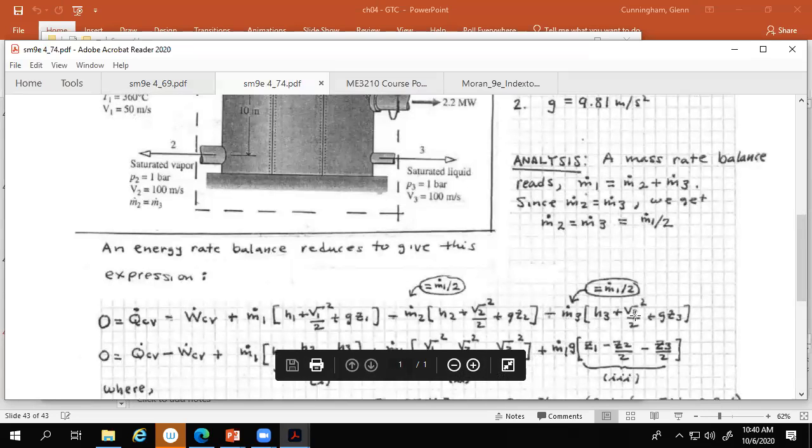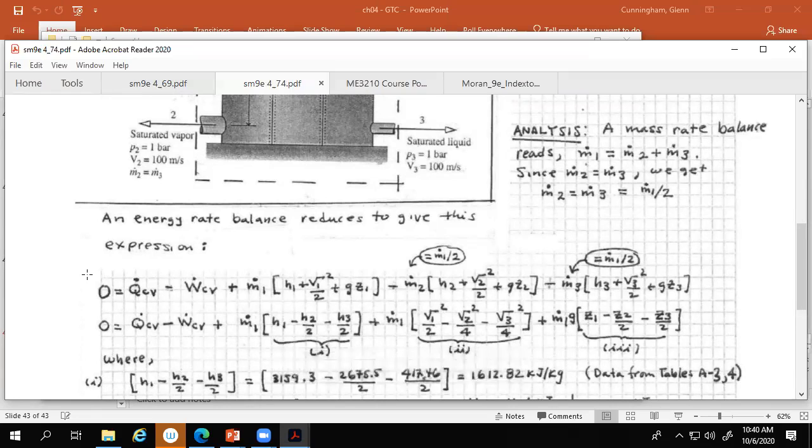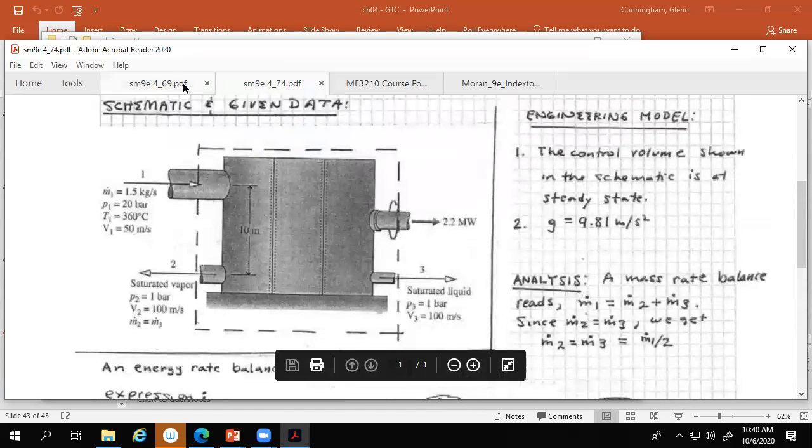He's going to start substituting these relations after he writes the first law. So, writing the first law for the control volume for steady state, we've got a 0, heat transfer term, work term, and we're writing it for the dotted lines.